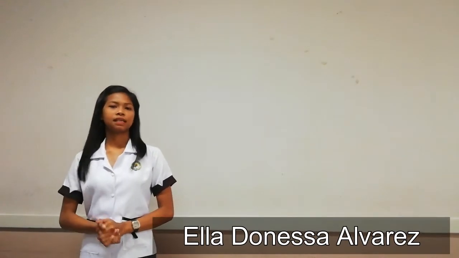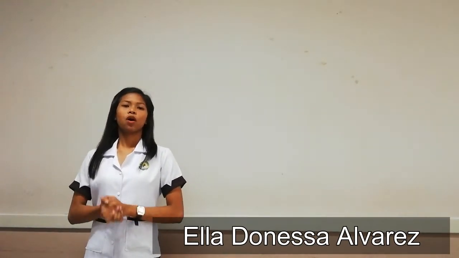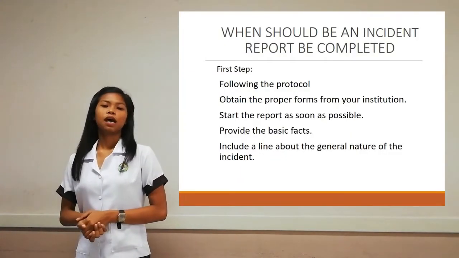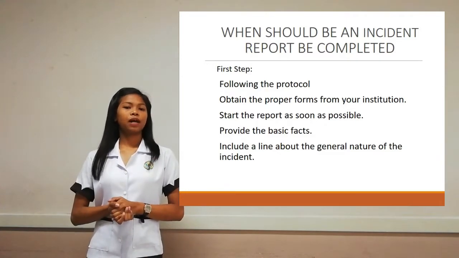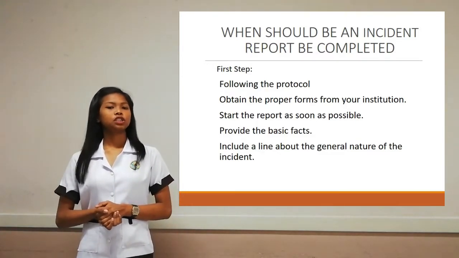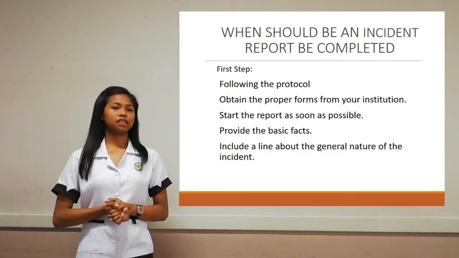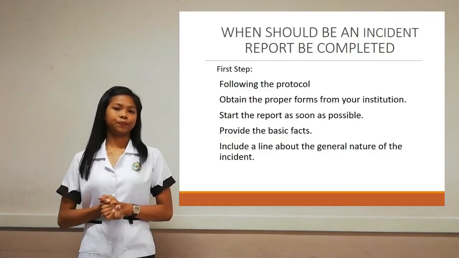Good day everyone. I am Donnesa Alvarez and I am going to report on when an incident report should be completed. So there are 3 steps to complete an incident report. The first one is following protocol. In following protocol, first, follow instructions. You need to follow any instructions indicated in the form.